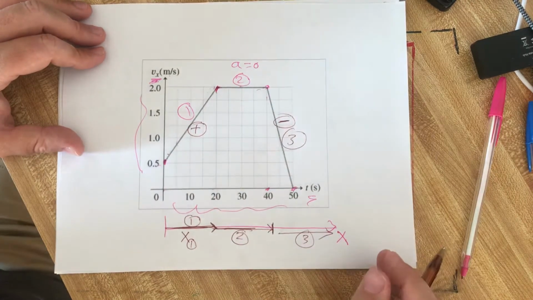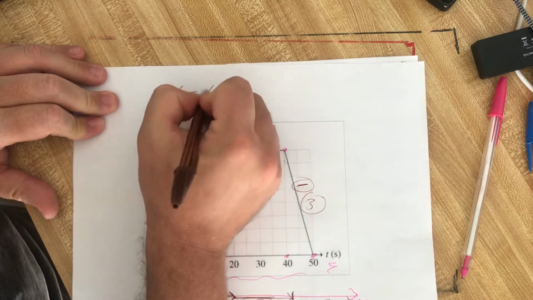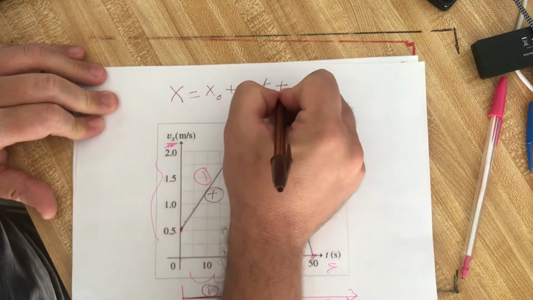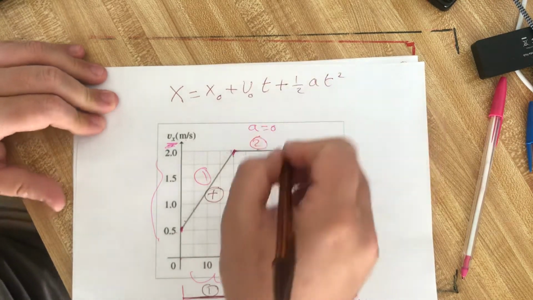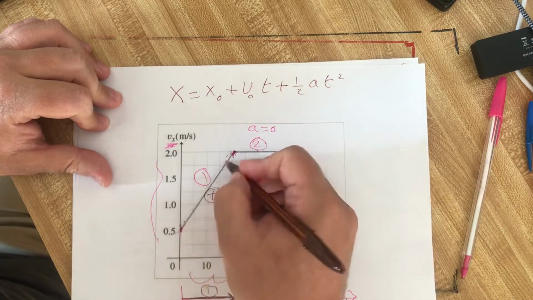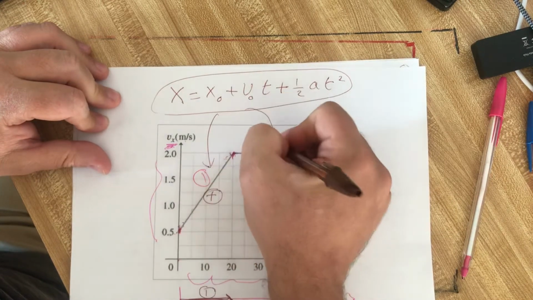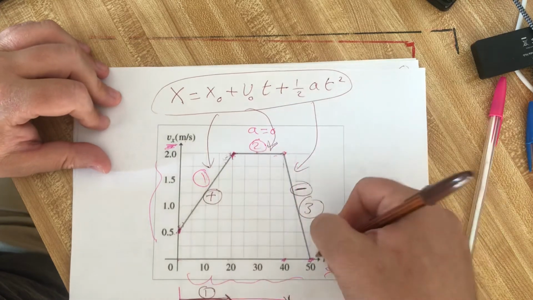And then we need to use this equation: x is equal to x naught plus v naught multiplied by t plus half a t squared. For each part of our graph, we will apply this equation and use the initial velocity and the final velocity.